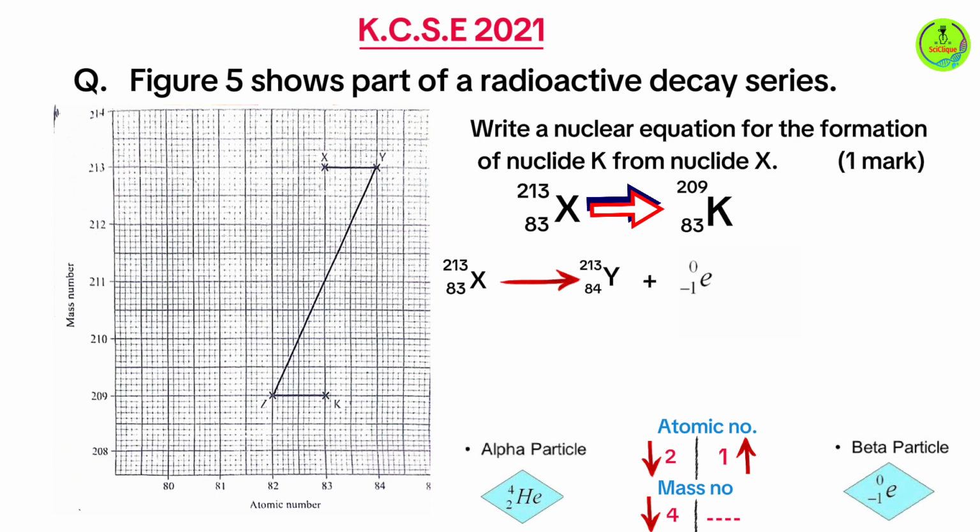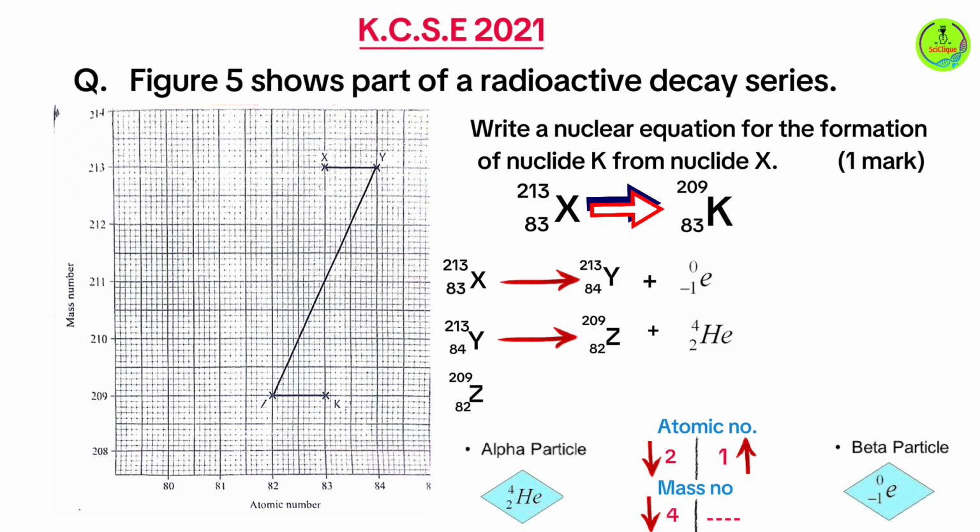Now moving on to the next step. What happened between Y leading to the formation of Z? Y undergoes radioactivity leading to Z, which has the atomic number of 82 and the mass number of 209. So we clearly have a decrease in the atomic number by 2 and a decrease of the mass number by 4. This, my dear students, is an alpha particle that was released.